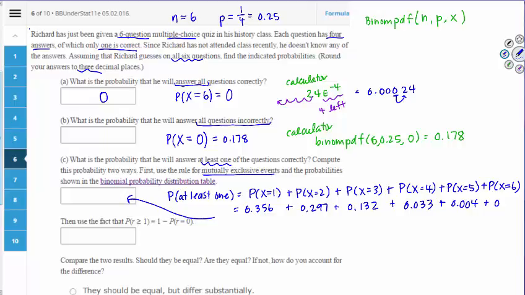Using the fact that the probability of r greater than or equal to 1 is 1 minus the probability that r was 0. So at least 1. Notice the only one missing from here, the only one we didn't add up, was 0.